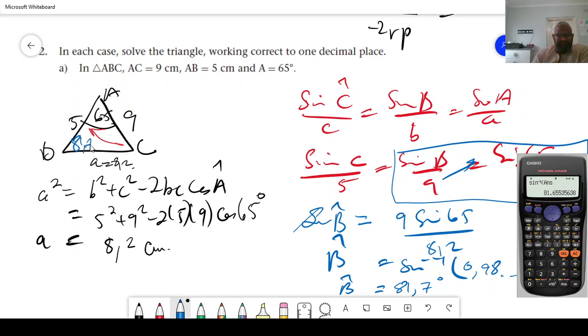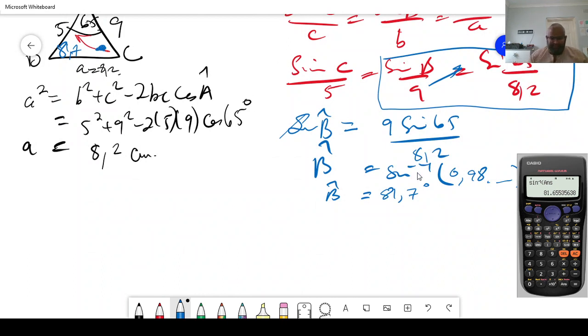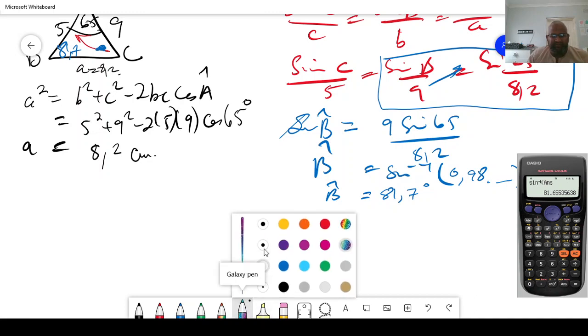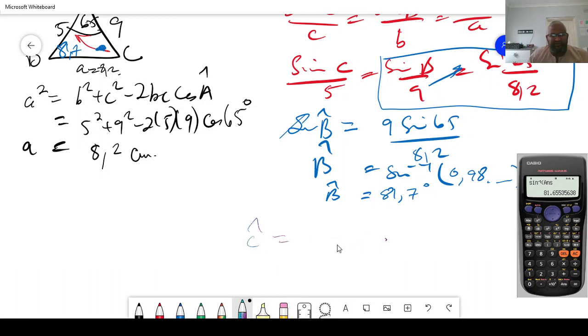So B is 81.7. Now to calculate C, sum of triangles. Okay. Angles in a triangle add up to 180. So angle C is equal to 180 minus 81,7 minus 65 degrees.